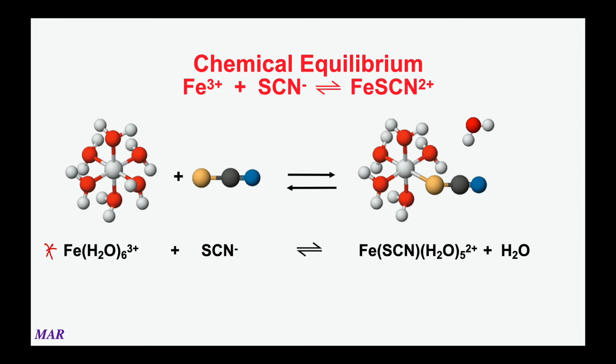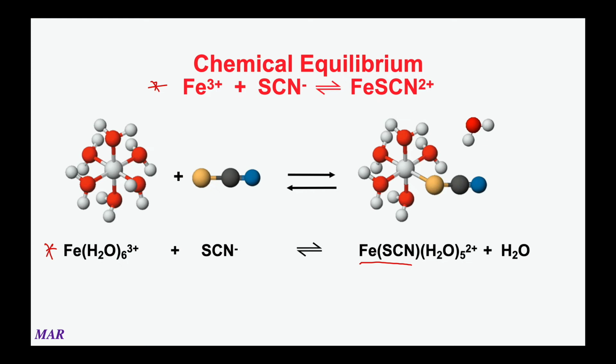And actually around the irons, like we're going to see at the end of Chem 223, there's a whole bunch of water molecules. So the SCN- is essentially pushing out one of the waters to make this iron thiocyanate complex over here, and water is a product. We're going to usually write it, though, like this one up here at the top, which is the iron +3 and thiocyanate making the FeSCN2+ complex.